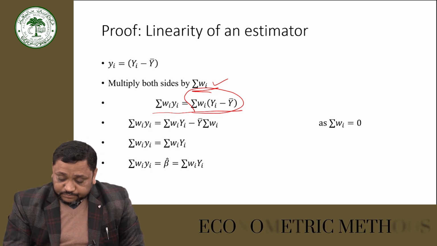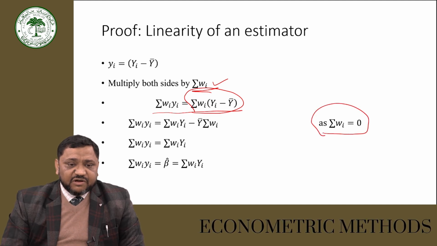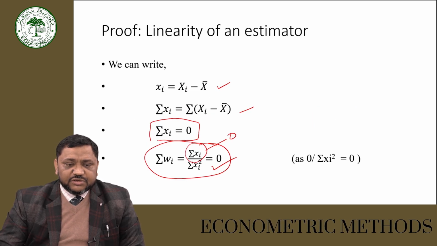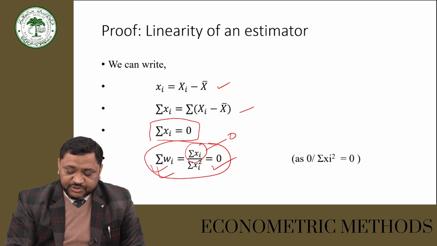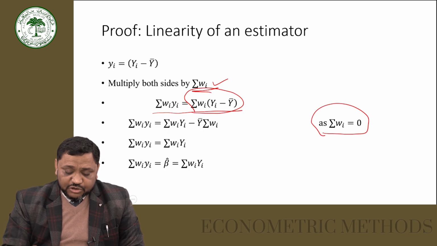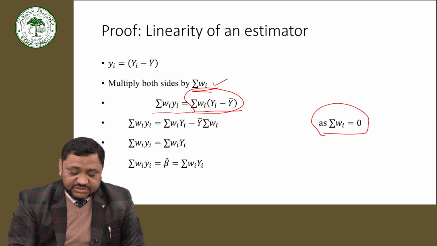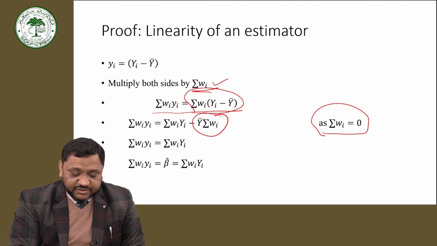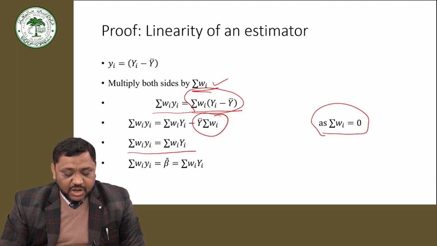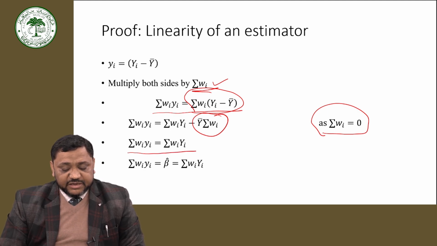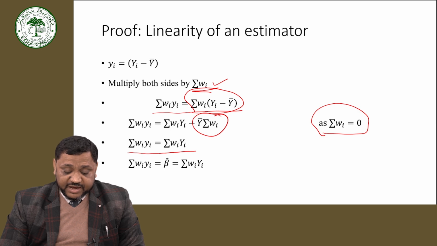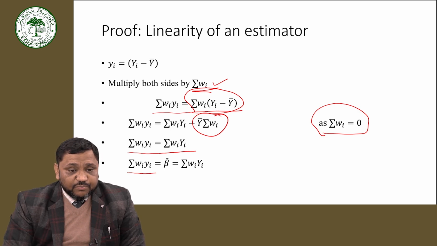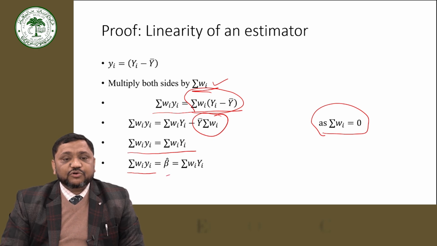Now summation wi we have seen in our previous discussion is equal to 0. We have just now proved it over here. So this term disappears, and we are left with summation wi yi. So we can say that summation wi yi is equal to beta hat.